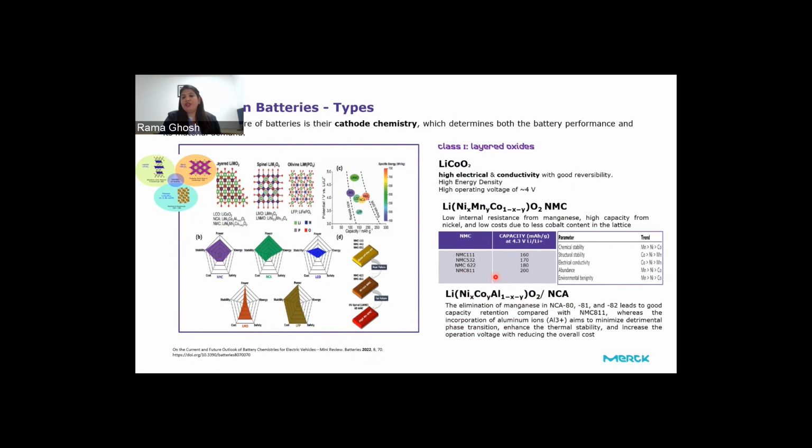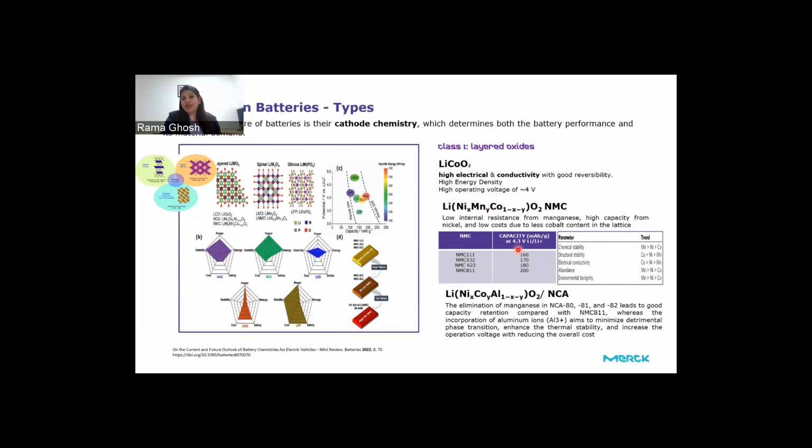Incorporating aluminum by replacing manganese minimizes the detrimental phase transition, hence increases the thermal stability and also increases the operating voltage while reducing the overall cost.